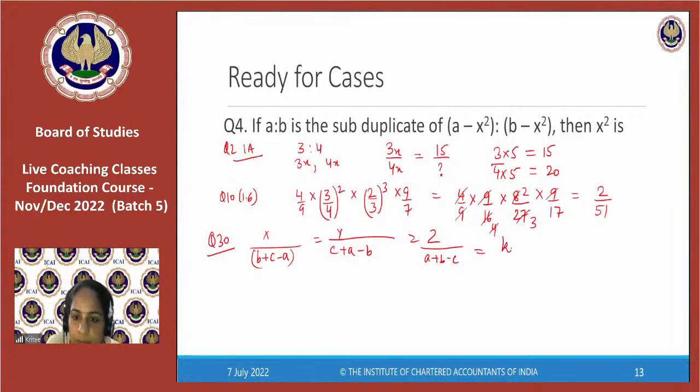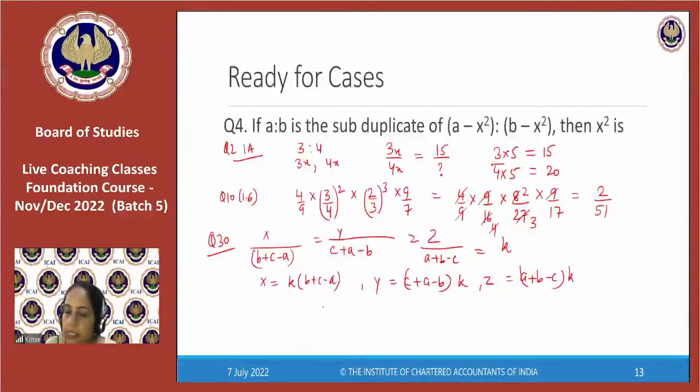Take it equal to some common number k. Now you will find the value of x. x will be equal to k into b plus c minus a. Likewise, y will be equal to c plus a minus b into k, and z will be equal to a plus b minus c into k. When you have these three values, substitute into the equation, you will get your answer. If not, we can discuss it in the next class when we are done with the proportion.